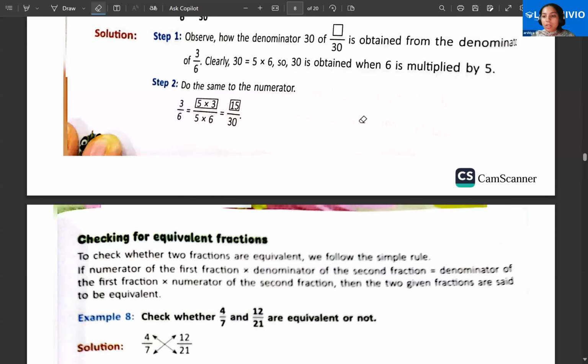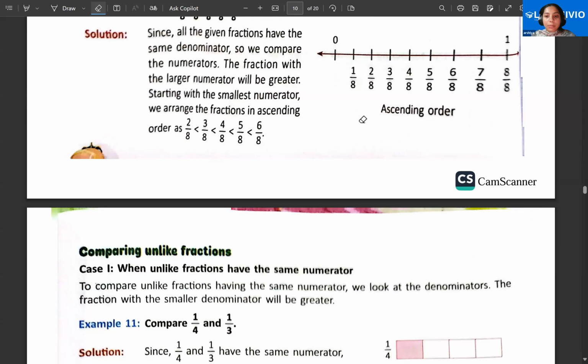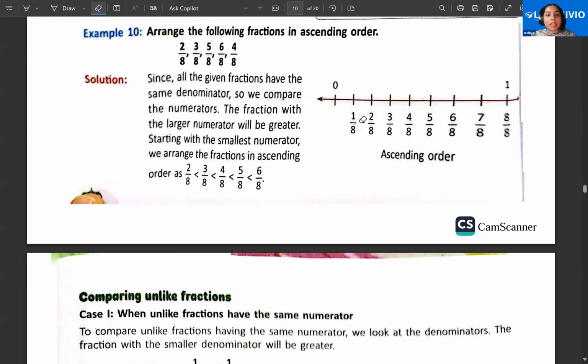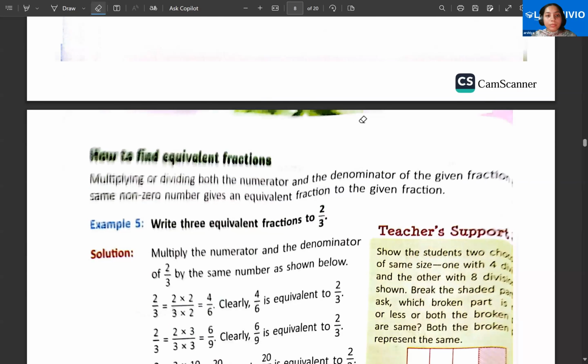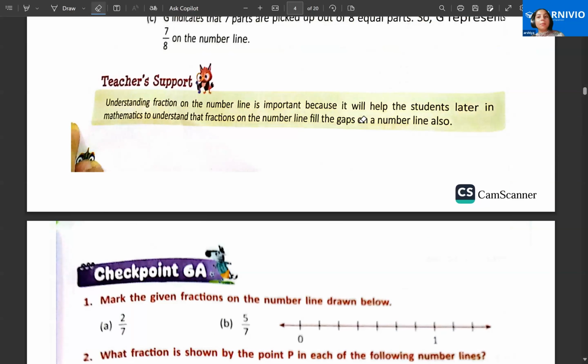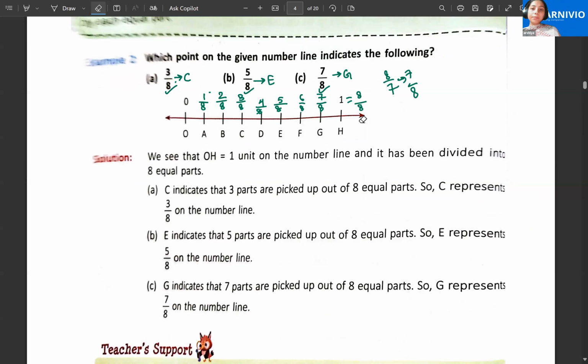I cannot see a single page number, all the page numbers are cropped out. So it's like you have checkpoint 6A, right? The page before checkpoint 6A. Yes, it's page number 102. Okay. Just draw this very quickly.